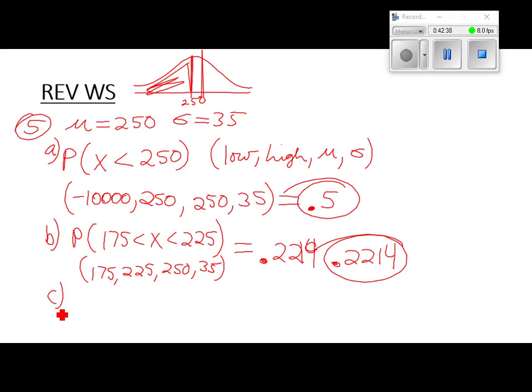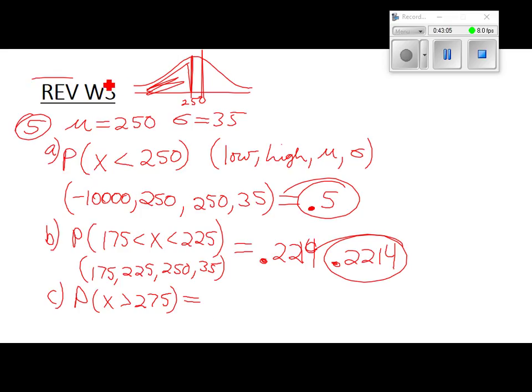Letter C. Probability the utility bill is more than 275. So more than 275. What are you going to punch into your calculator? 10,000? Other way. What's our low limit this time? 275, then 10,000, 250, and 35.